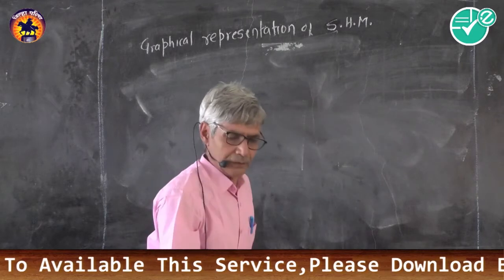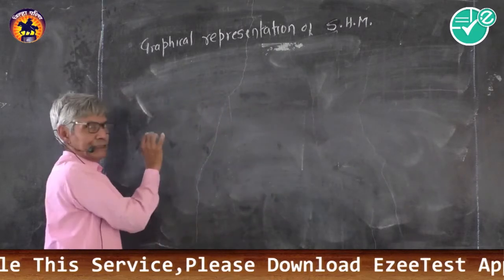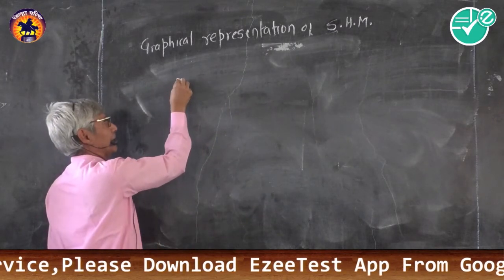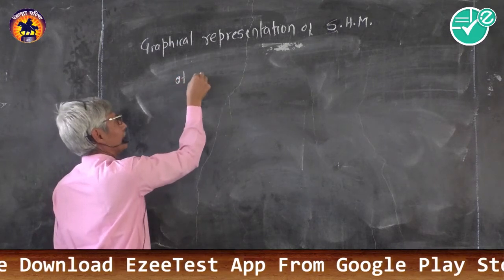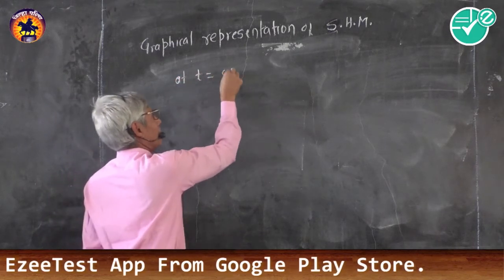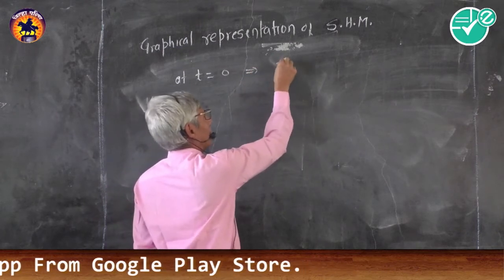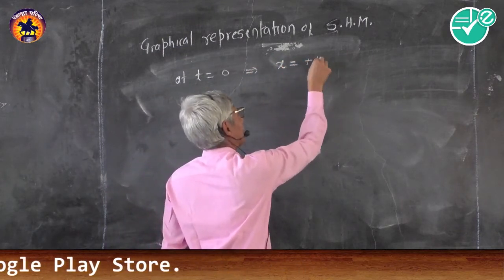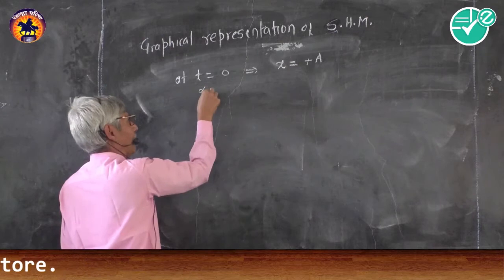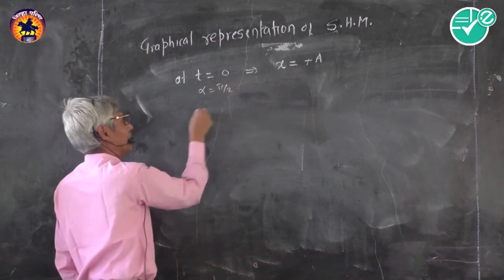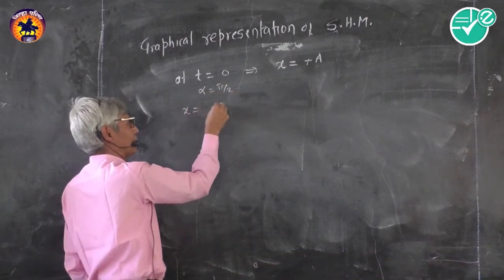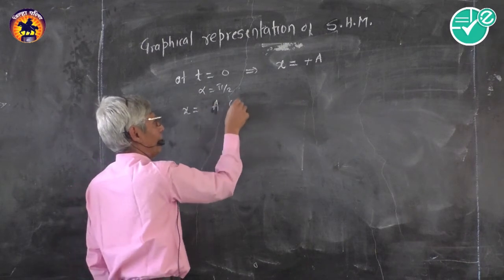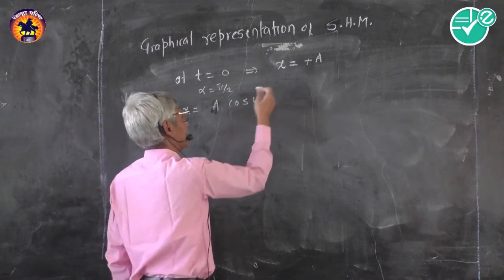So to conclude in short for the second type of variation, if the particle starts its S.H.M from positive x, then alpha will be equal to pi by 2, and the equation for the displacement is x equal to a cos omega t.